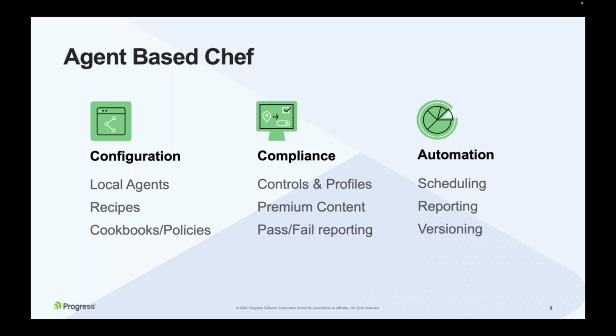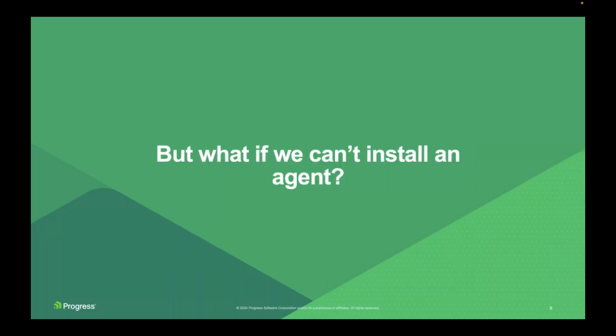But up until recently, there was a decent chunk of infrastructure that was left out of this, right? And that was anything that really couldn't have an agent installed on it. As you know, Chef Client is an agent that you put on the system and it runs all the automations locally. But if you weren't able to put an agent in, you were kind of out of luck.